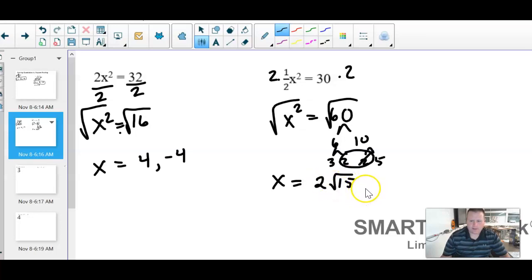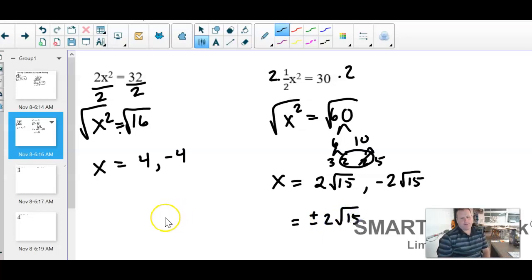And then I always have to have a second one, so I have negative 2 square roots of 15. Or again, you could write that as plus or minus 2 square roots of 15. You can put it either way. So that one's a little bit different because we didn't have a perfect square. We had to actually simplify that one.